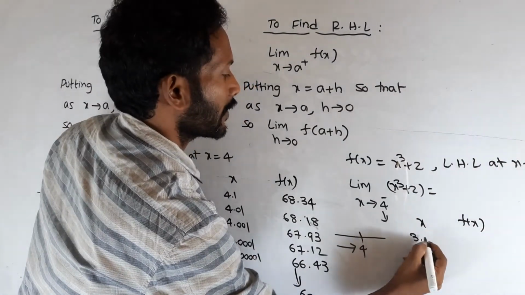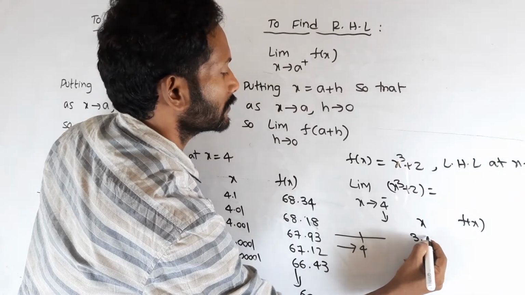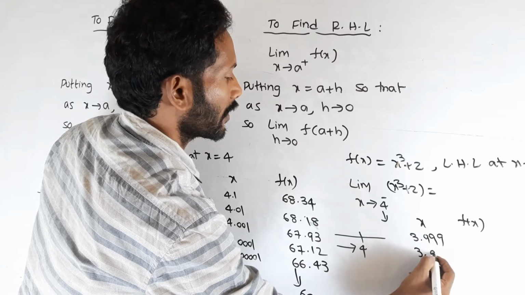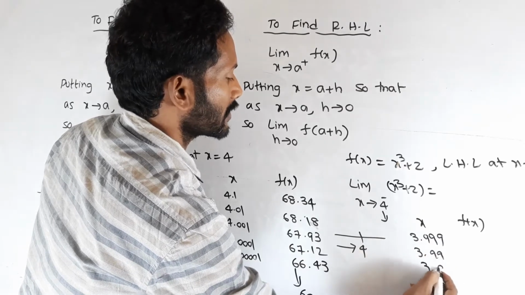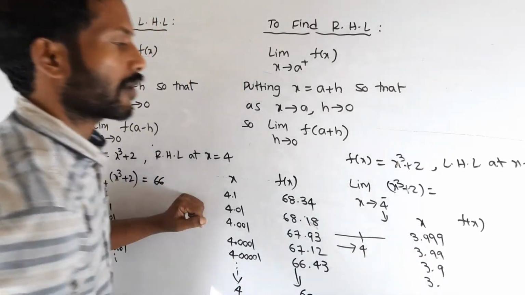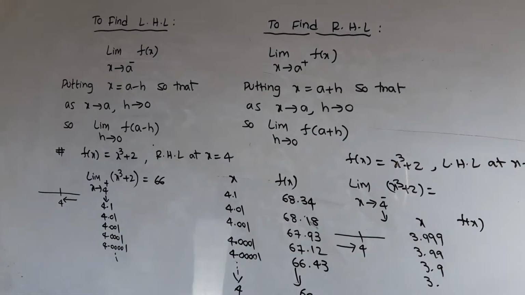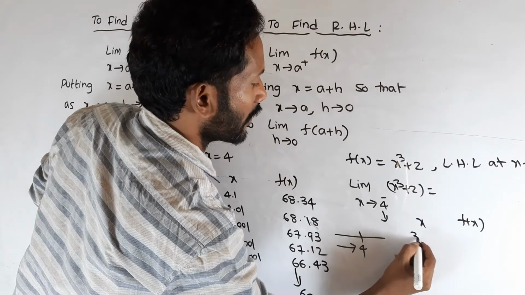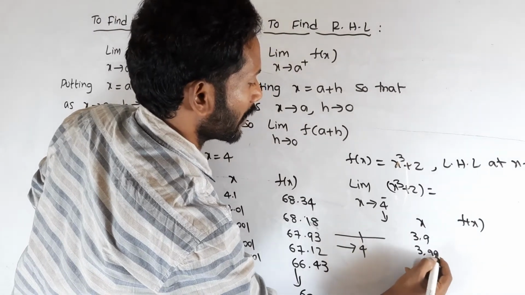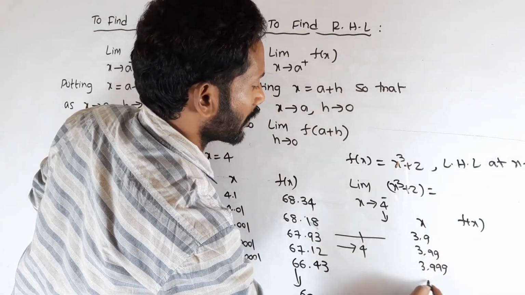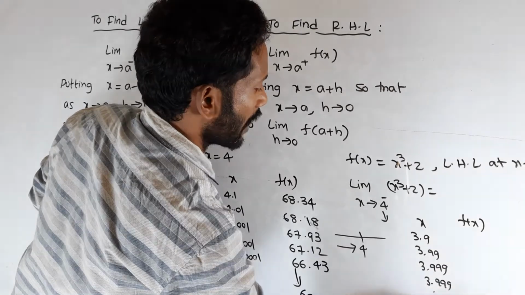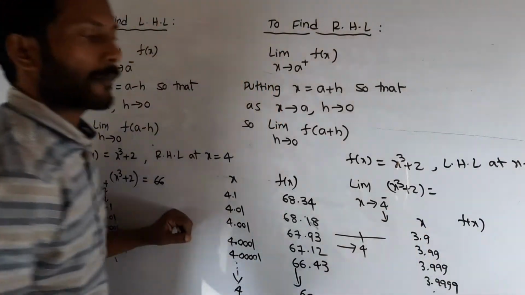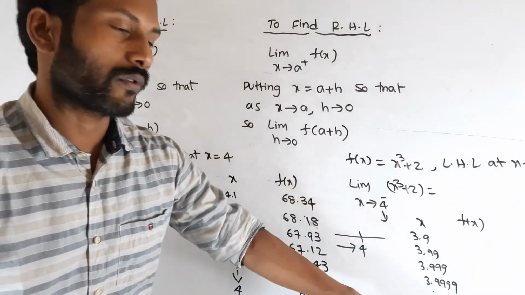First one is 3.9, next 3.99, 3.999 and so on. So this one is closer to 4, x approaches 4.